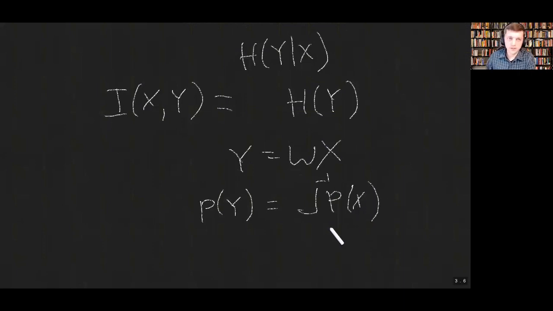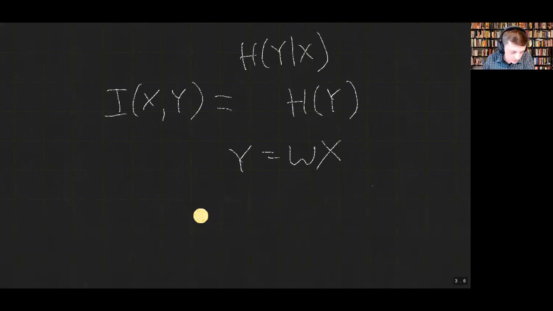Something like that. This is from transformation of random variables. If one random variable is a function of another, and you know the distribution function of the original random variable, what will be the distribution of the result?